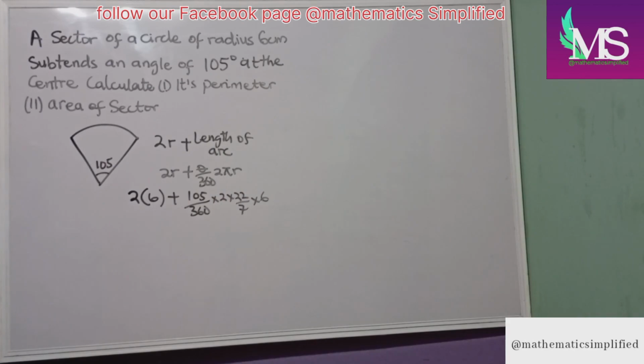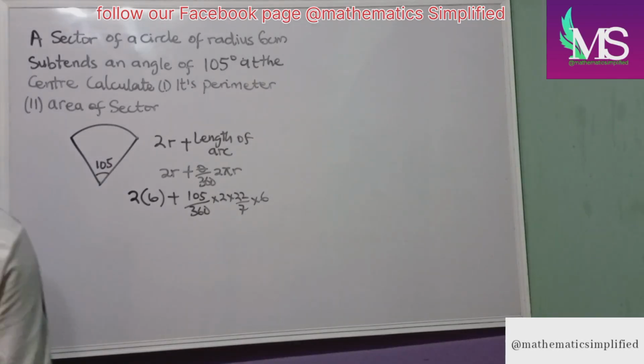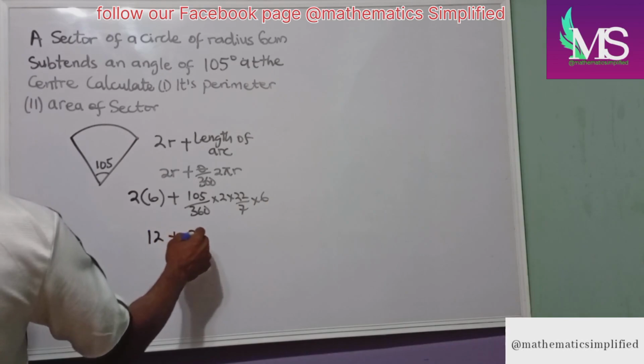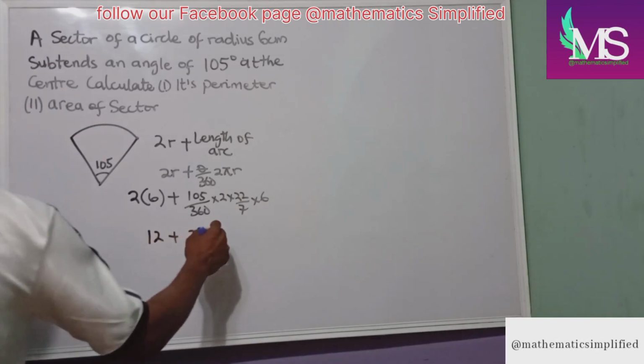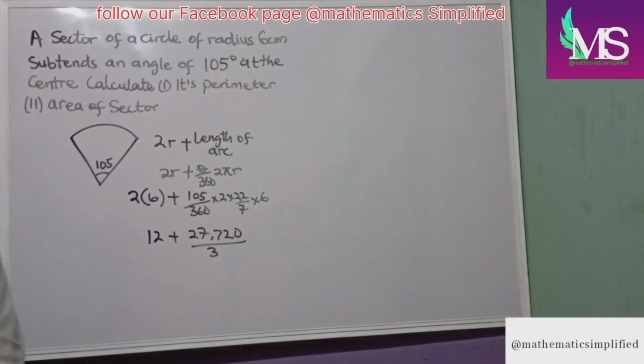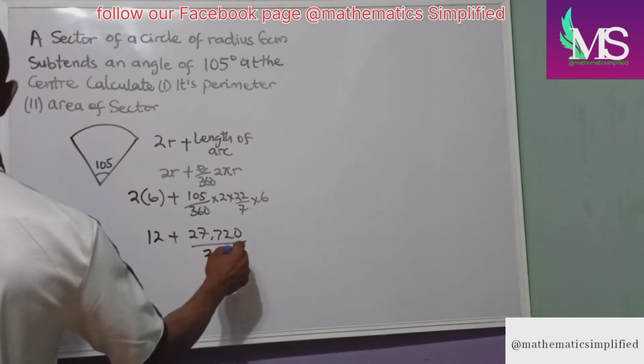We know that we can break this down, but let's calculate it directly. This will give us 12 plus 105 times 44 times 6, which is 27,720, all over 360 times 7, which gives us 2,520.